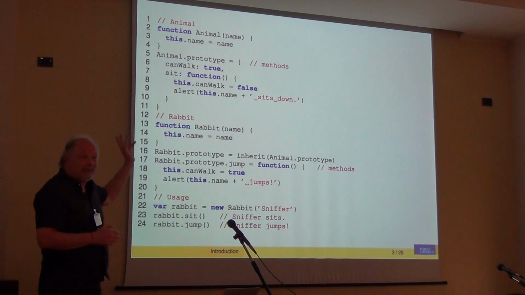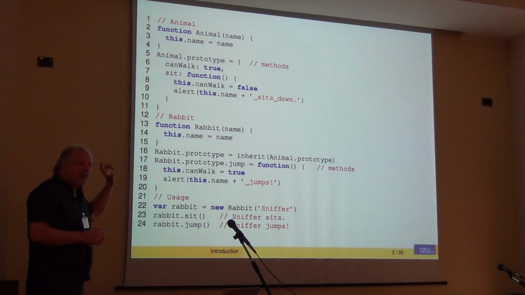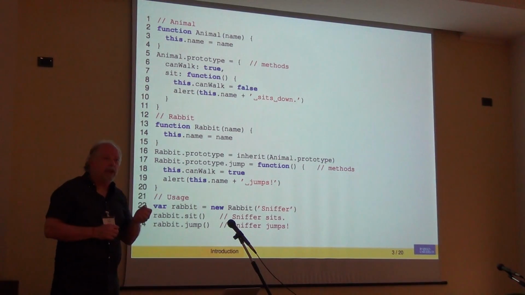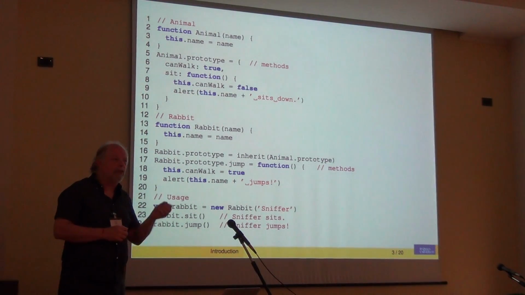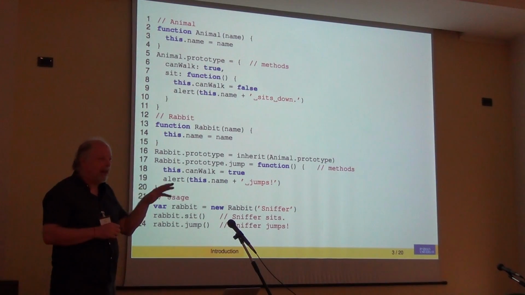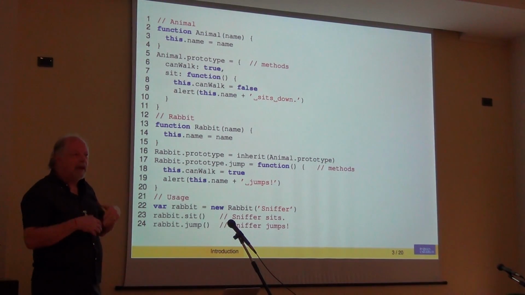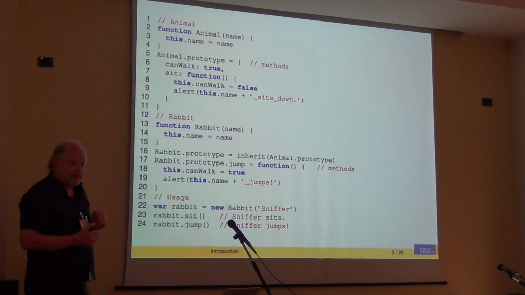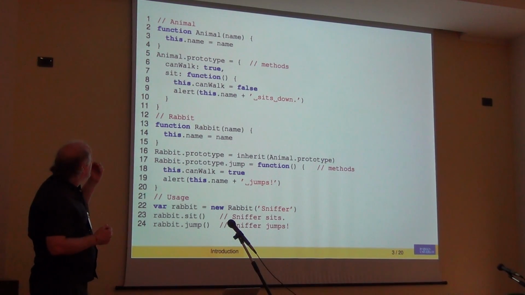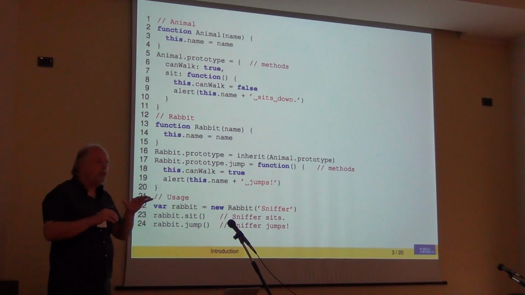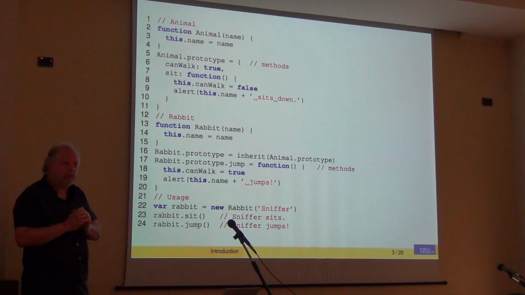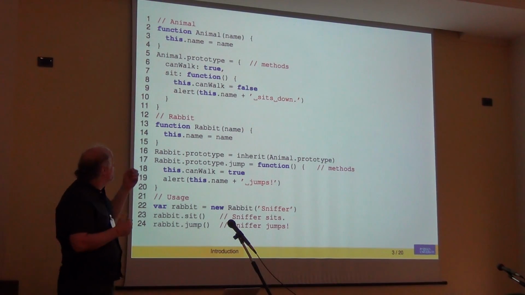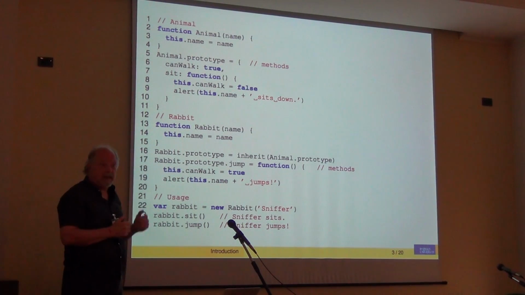So this is one of the standard ways to do this. So in JavaScript, when you want to create an object, you apply the new operator to some function. And so here we're declaring animal as a class, if you like. And when you say new animal, you provide a parameter list, in this case the name of the animal, and this allows it to store the name in an instance variable.